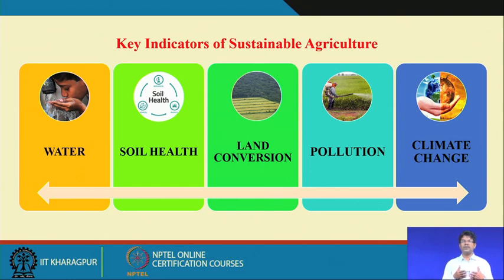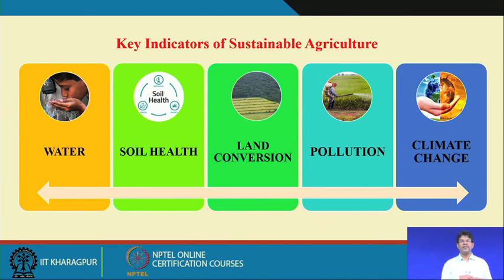For land conversion, how to minimize conversions, that means deforestation. And for pollution, meaning agricultural activity such as fertilizers and pesticides, how we can increase the efficiency of inputs and application methods, so that pollution due to input management is kept as minimal as possible.